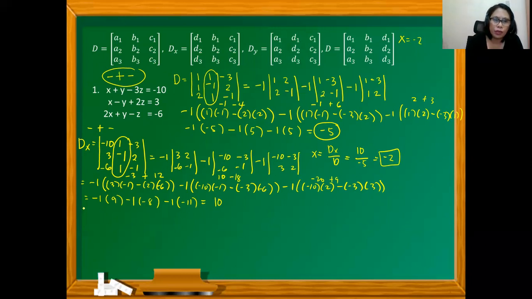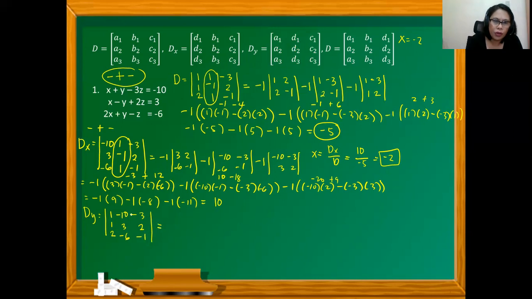So solving for d sub y this time is working on these elements. So we have 1, 1, 2, 1, 1, 2, and then negative 10, 3, negative 6, and then we have negative 3, 2, negative 1.